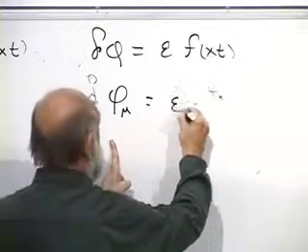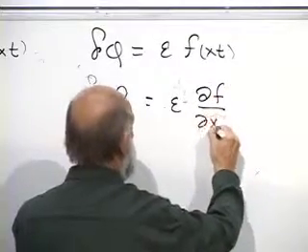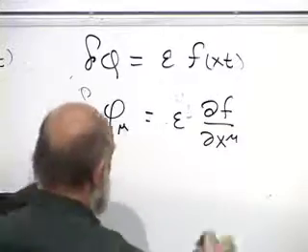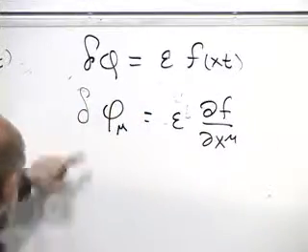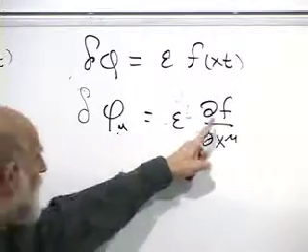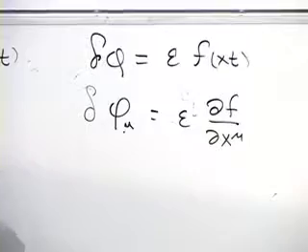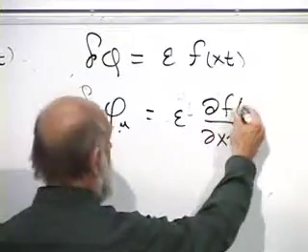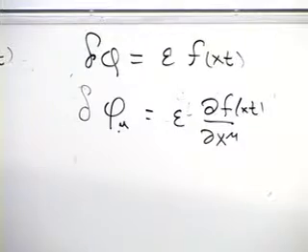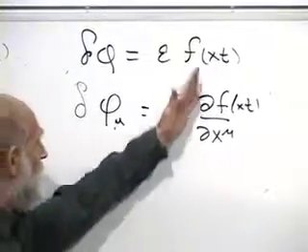It's just equal to epsilon times the derivative of f with respect to x mu. So, for example, this stands for the complex of equations, I don't have to write them out, that the change in the time derivative of phi is epsilon times the time derivative of f, and likewise for the other components, f of x and t. If you change phi by a little bit, then the change in the derivatives is just the derivatives of the change in phi.